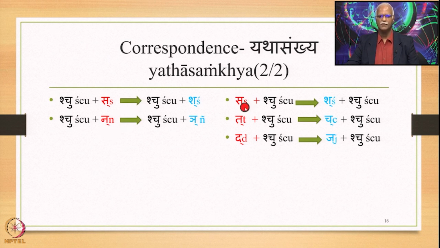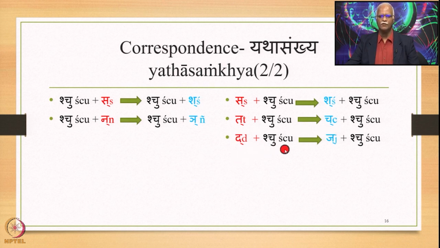In case of the paranimittaka ekadesha, when we have sa plus chu, once again sa is substituted by sh, which appears in the first position in the set. Similarly, ta followed by chu, and ta will be substituted by ch, which also appears at the initial position of cha varga.